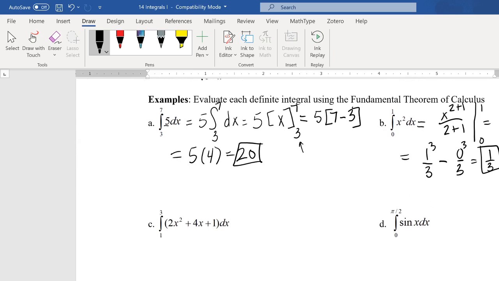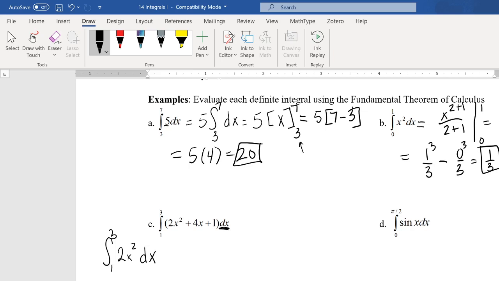All right, this next one has 3 separate functions. 2x squared plus 4x plus 1. So I'm going to break it into 3 different integrals. It'll be the integral from 1 to 3 of 2x squared. Now every time I break it up, I need a dx.